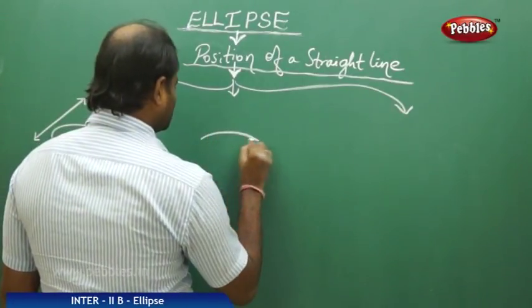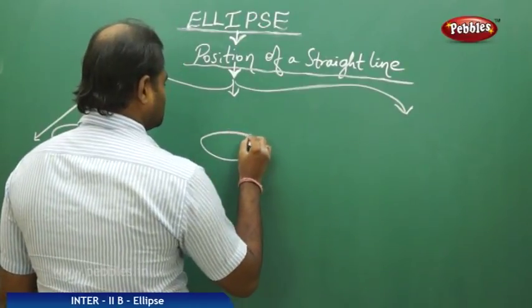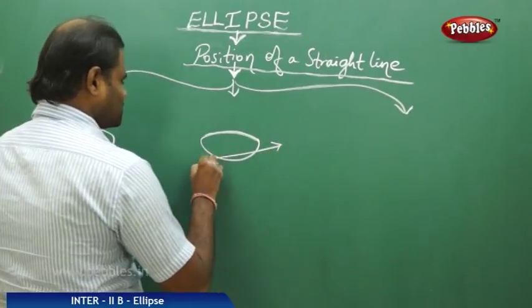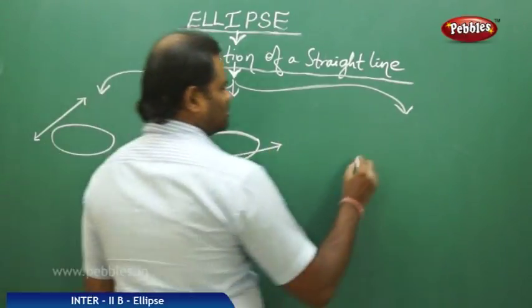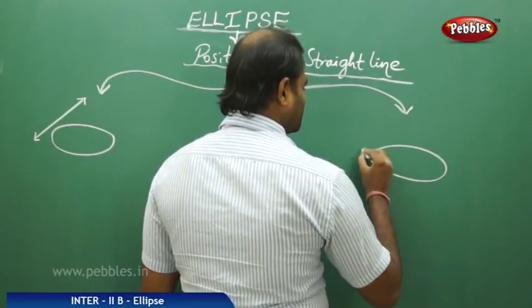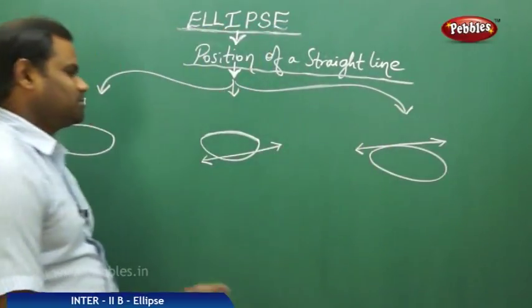The second case is when the straight line is like this, and the third case is when the straight line is like this.